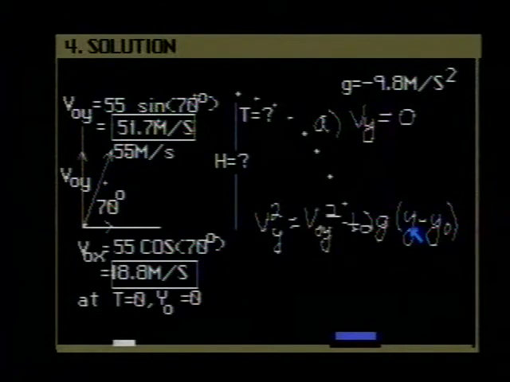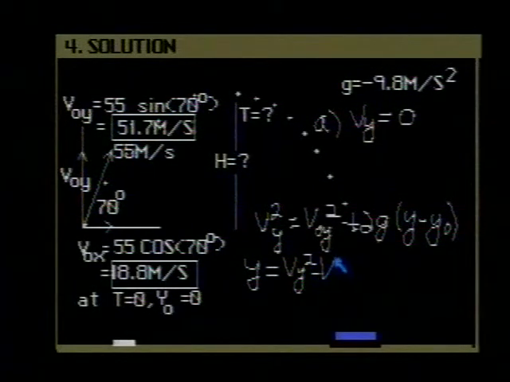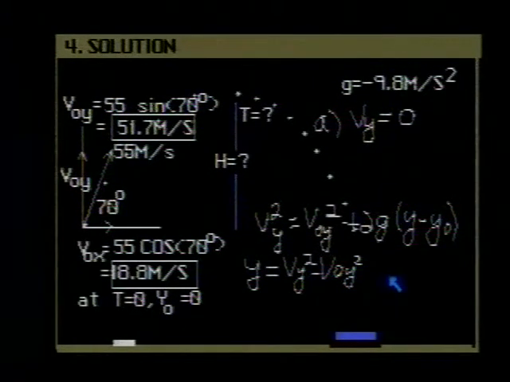So if we solve this equation for y, we find that y is equal to v sub y squared minus v0y squared, all divided by 2 times g.